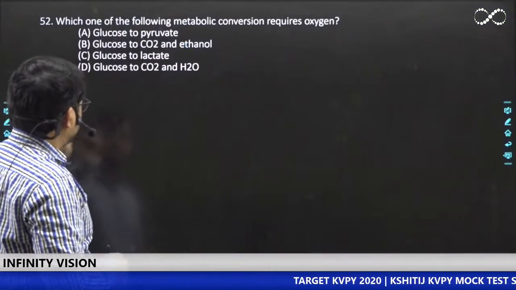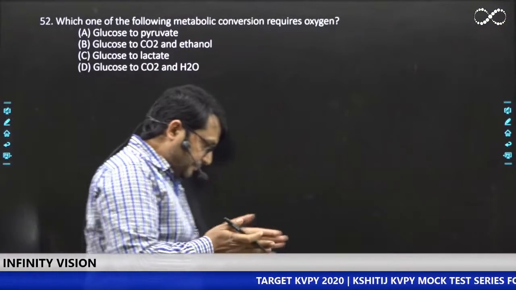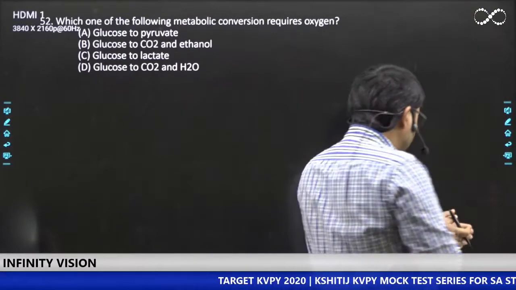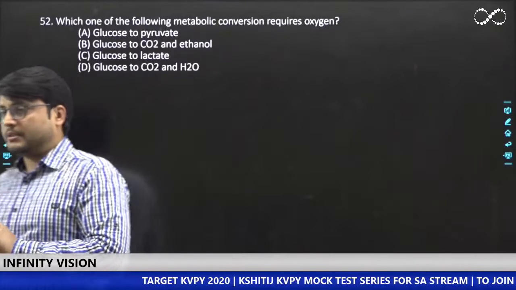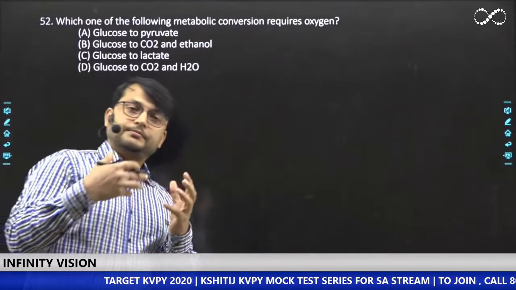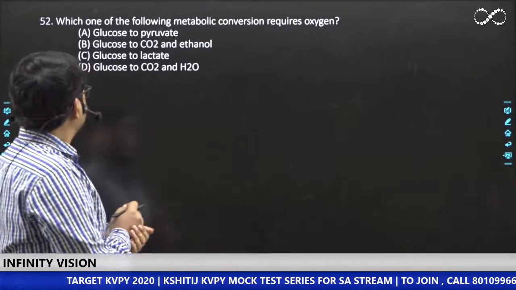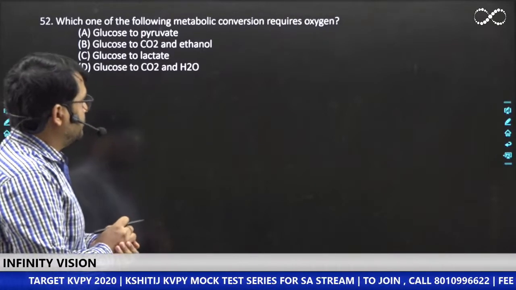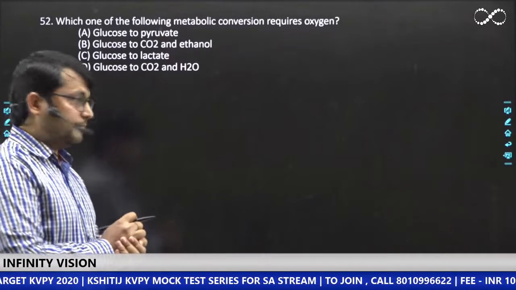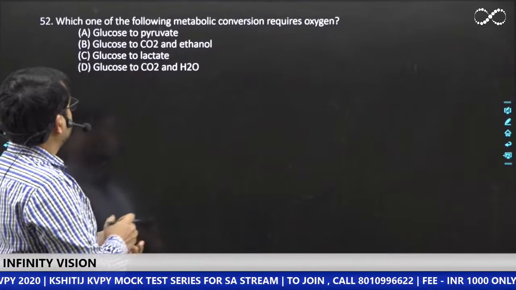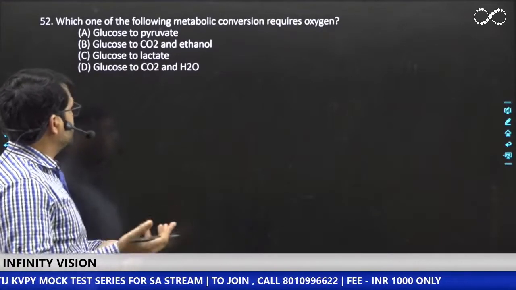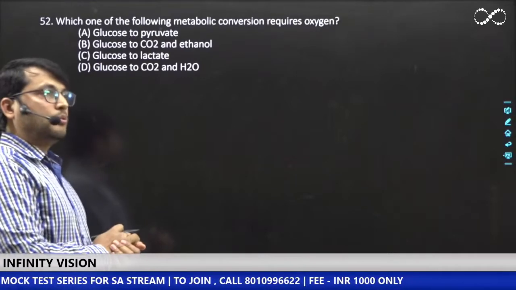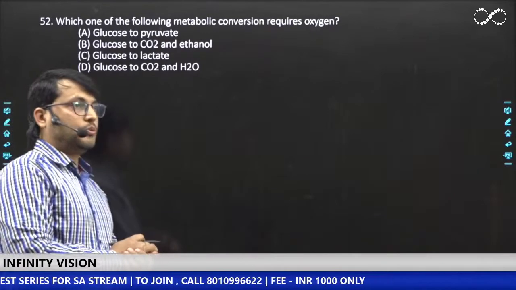Let's move to the next question. This is question number 52, and this question is about respiration. Now this question says, which one of the following metabolic conversions requires oxygen? Number 1, glucose to pyruvate; 2, glucose to CO2 and ethanol; 3, glucose to lactate; or 4, glucose to CO2 and H2O.